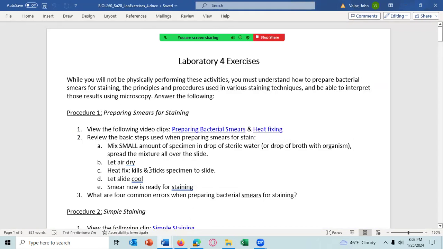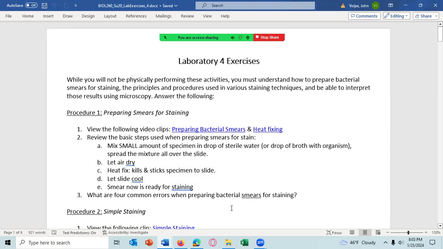All right, in procedure 1, you're going to prepare a smear for staining. We have 2 video clips to watch, one on preparing the bacterial smear and making it, and then one on air drying it and heat fixing it. Go through the steps for preparing a smear for staining. Any question about any of that?